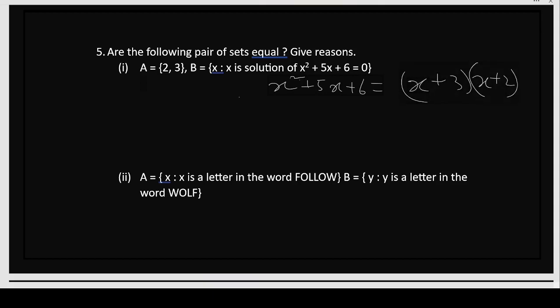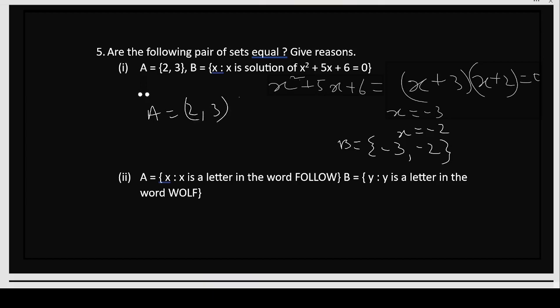Right? Factorizing, you will get this equals 0. That means x equals minus 3, x equals minus 2. The solution set, so B, is minus 3, minus 2. A is 2, 3. So clearly A is not equal to B.